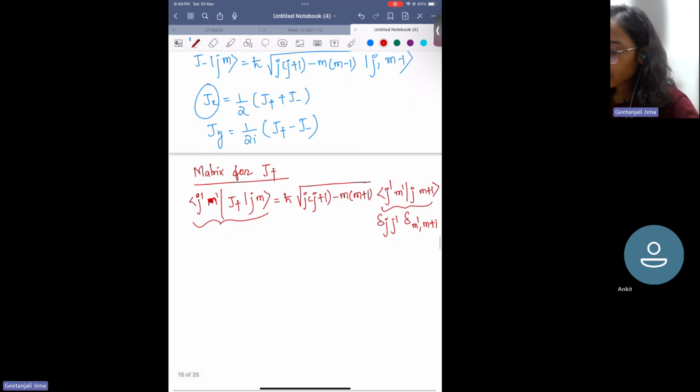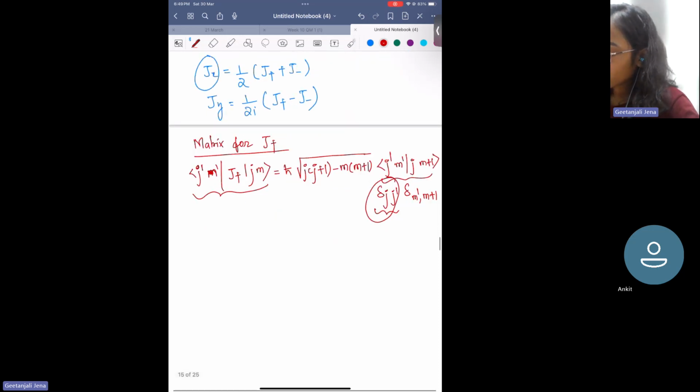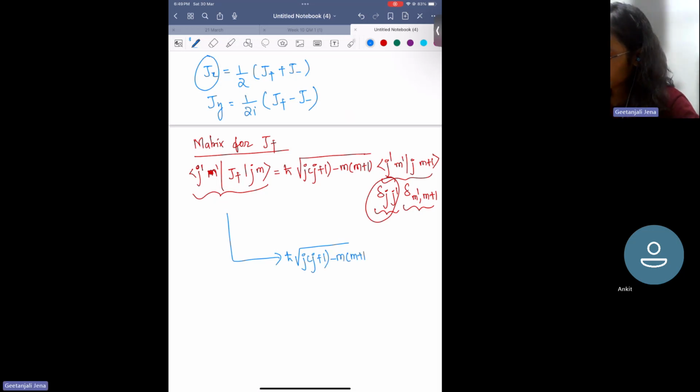So J is the same, J is half, so you can take this term as 1. Only this term will remain. So this matrix element would be h-cut times the square root of J into J plus 1 minus M into M plus 1, delta M prime, M plus 1.